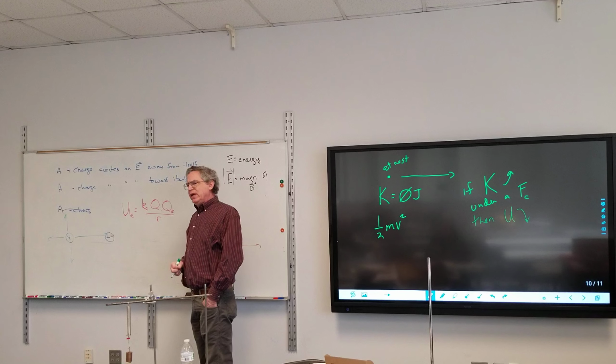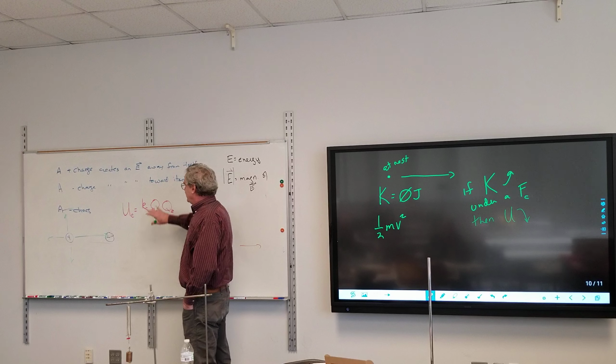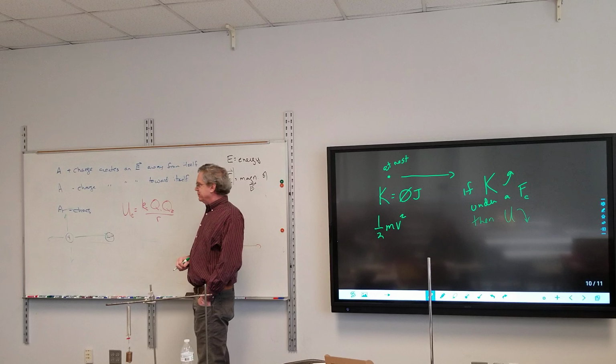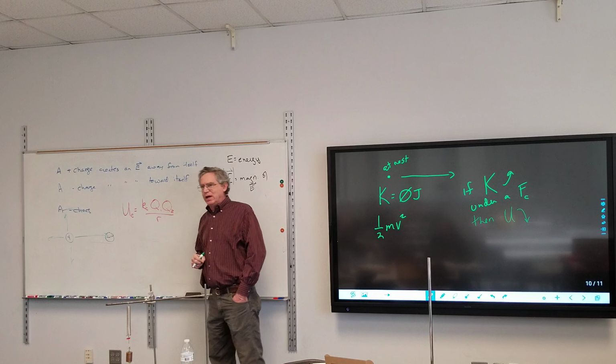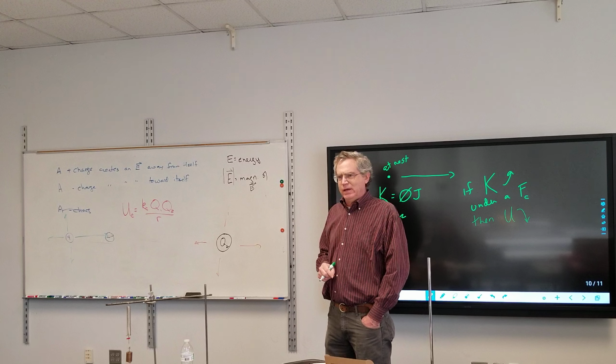So if Q1 and Q2 are both positive or both negative, what does that tell you about this formula? If Q1 and Q2 are the same sign, what can you tell me about that potential energy? It's positive. Yeah, it's got to be.